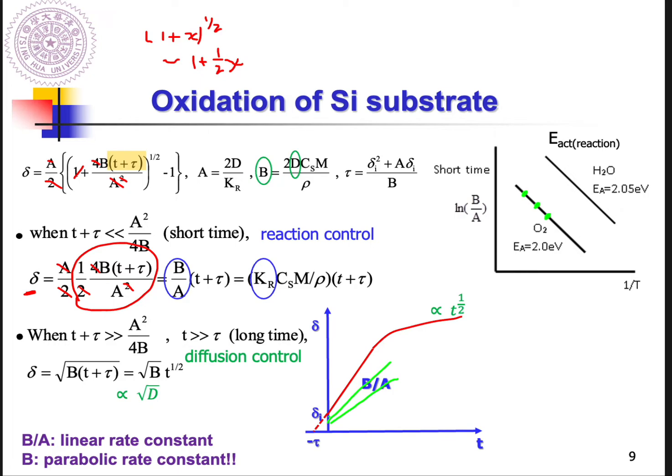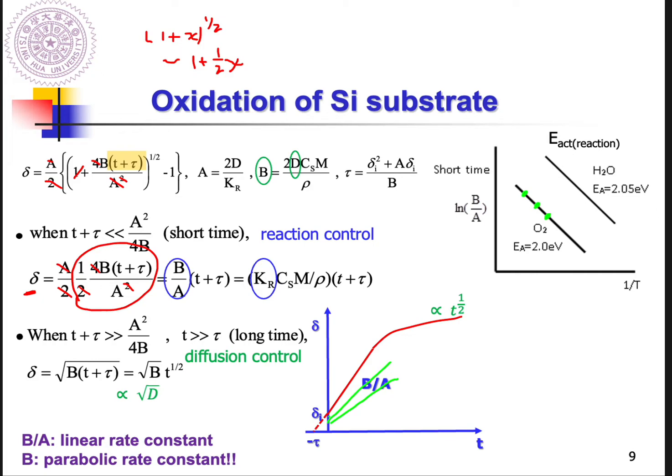Minus activation energy divided by k, right? So you can get the activation energy. You can do that for the dry method, and also perform that for water vapor. So you also will get this slope. So after fitting, you will get the activation energy for water vapor and for the dry method.